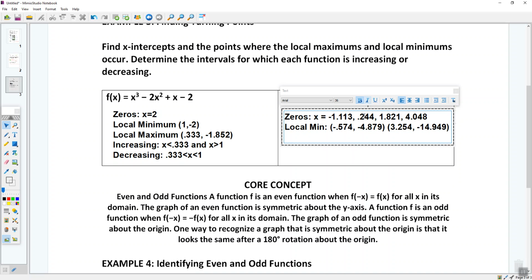Okay, and then we had a local max, didn't we? Just one? Yeah. And that was 1.07, 4.035. Okay, now we've got to look at some increasing stuff, right?